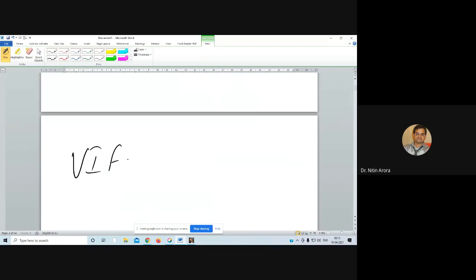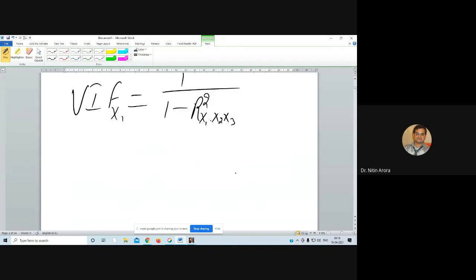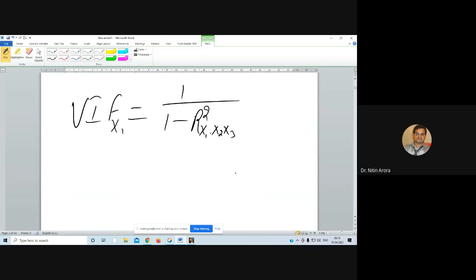Variance inflation factor, I hope you remember, VIF is nothing but, for variable x1, 1 upon 1 minus R square x1 dot x2 x3. R x1 dot x2 x3 is the coefficient of multiple correlation, and the square of that is called coefficient of multiple determination, which represents variation in x1 explained by x2 and x3.